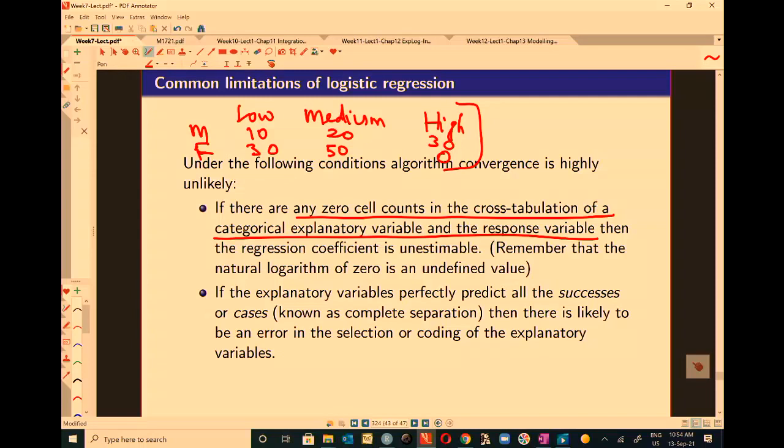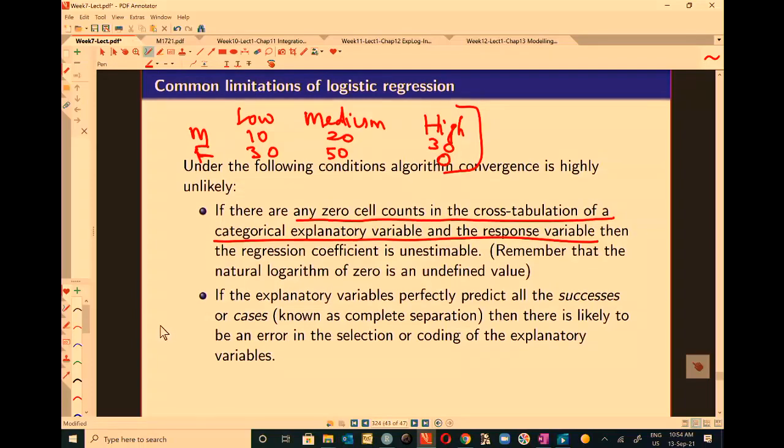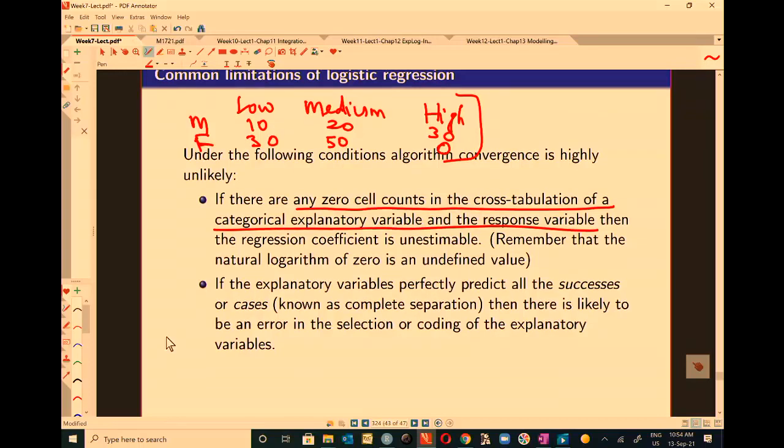So be careful and look at cell counts with categorical variables beforehand. That also applies to interaction terms. To have interaction terms, you must have each level of one variable occurring within the levels of the other variable. If some are missing, you can't fit the interaction terms.